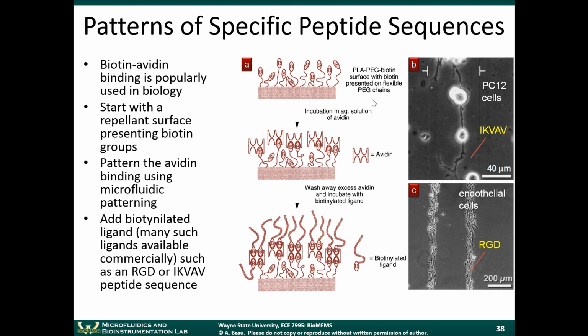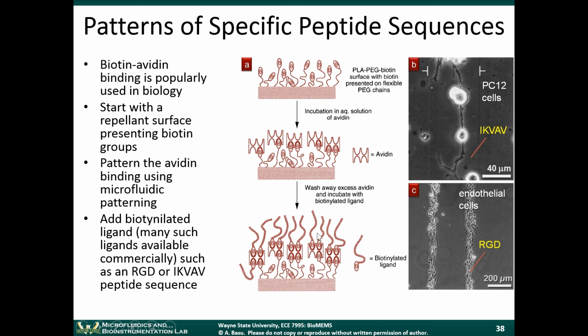If you incubate this whole setup in a solution of avidin, the avidin binds very strongly to the biotin. Once you allow the avidin to bind, you wash away the excess, and then you incubate with a biotinylated ligand. So you can see the interaction is happening between the biotin and the avidin in both cases.